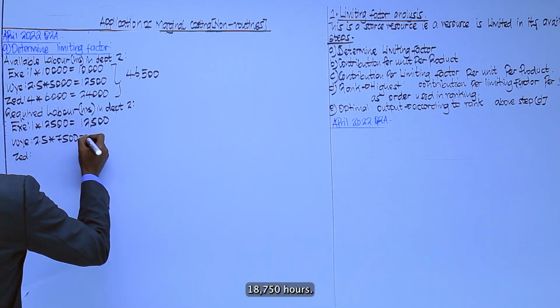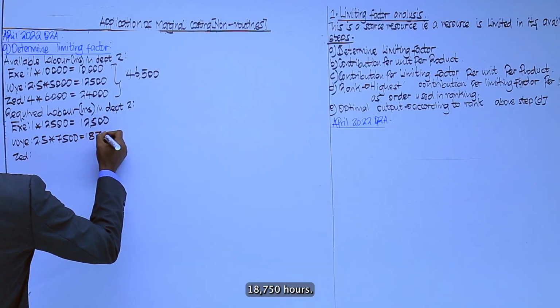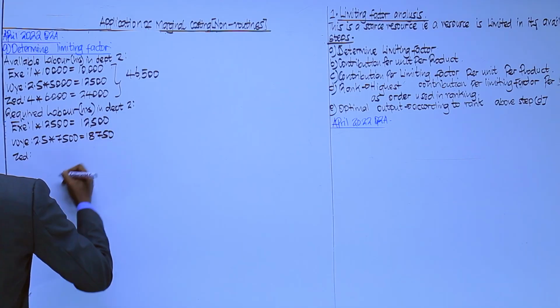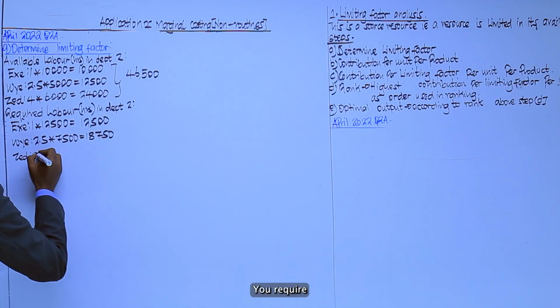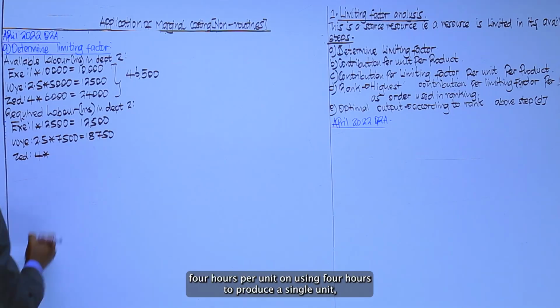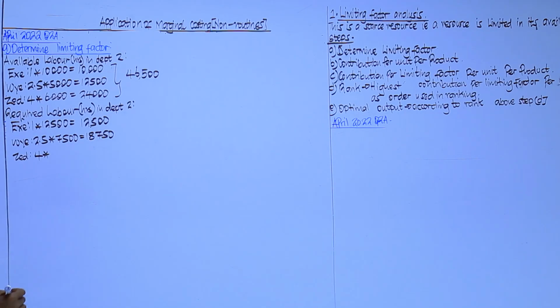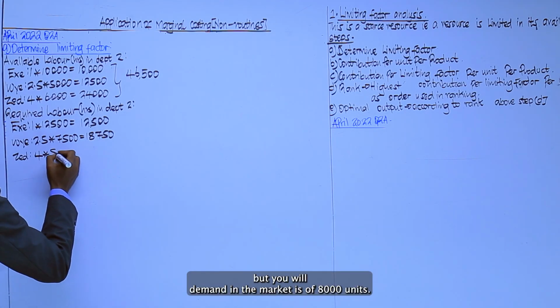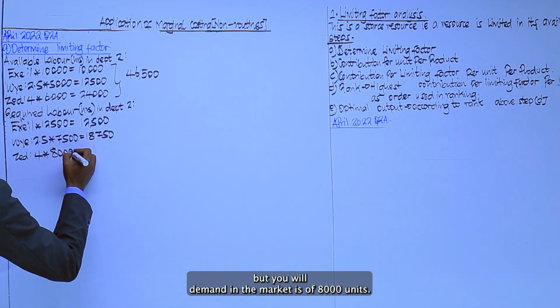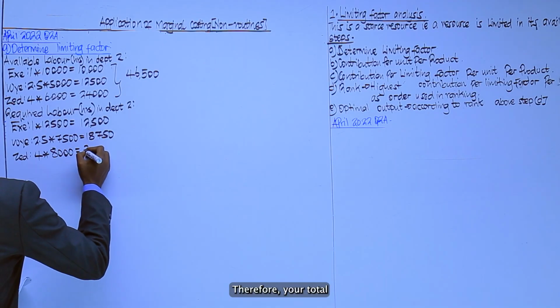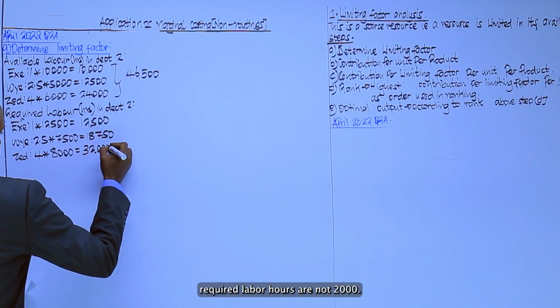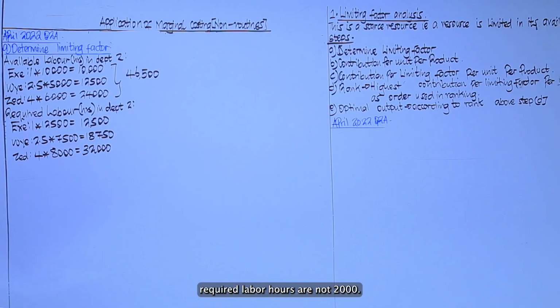You require 18,750 hours. Then Z, you require 4 hours per unit, or you'll be using 4 hours to produce a single unit, but your demand in the market is 8,000 units. Therefore, your total required labor hours are 32,000.